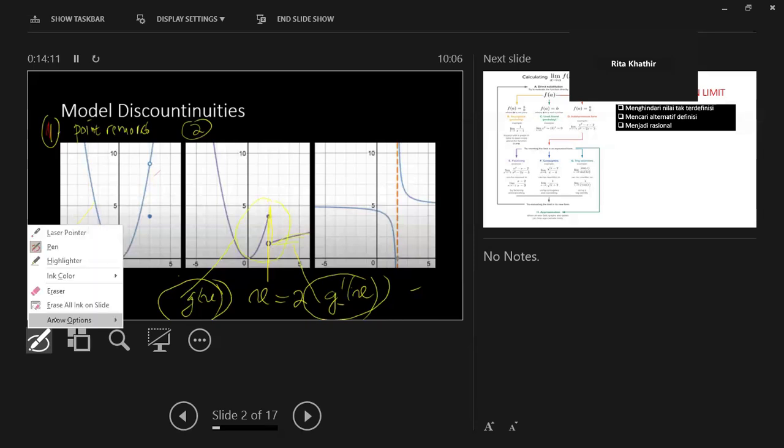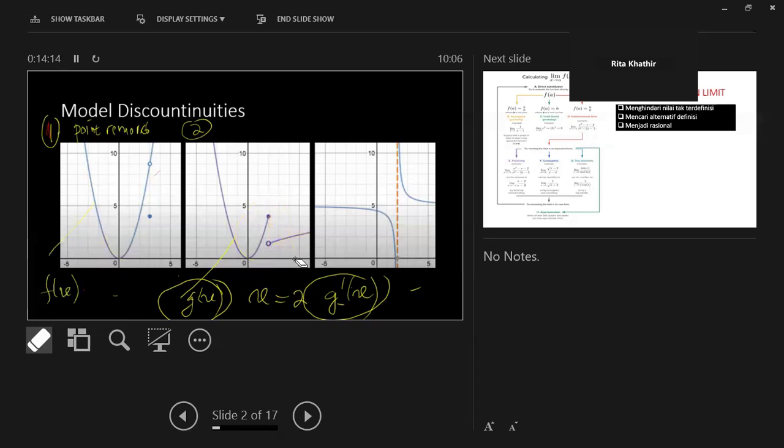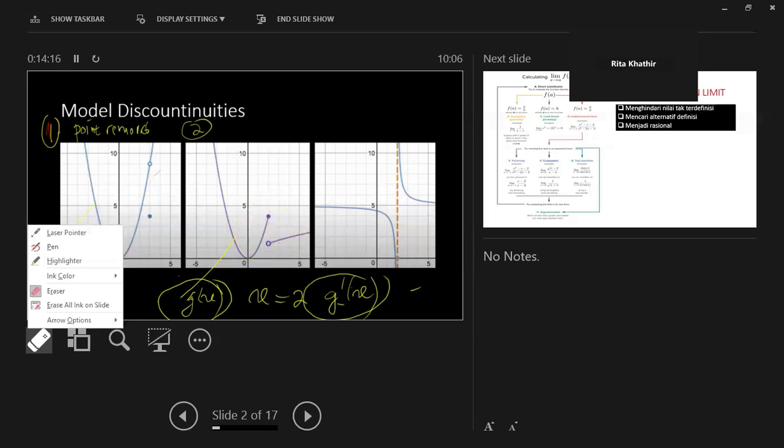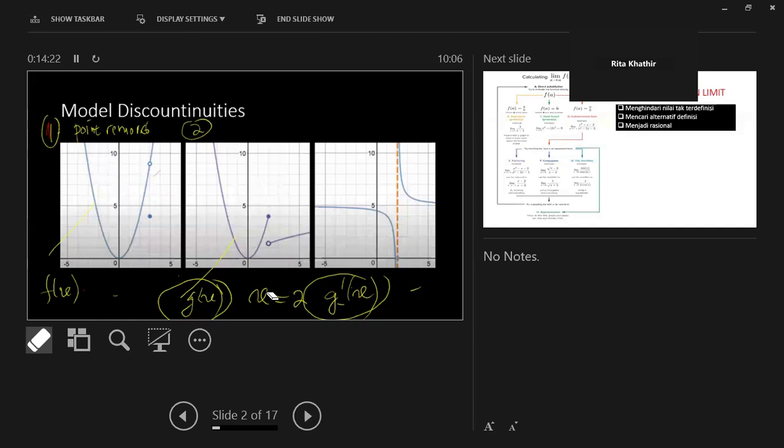So here you see, I told you also, if you still remember, what happened here? If x approaches, again, we make these two. Here we have 2 from the right hand side, 2 plus, and here we have 2 from the left hand side, 2 minus.